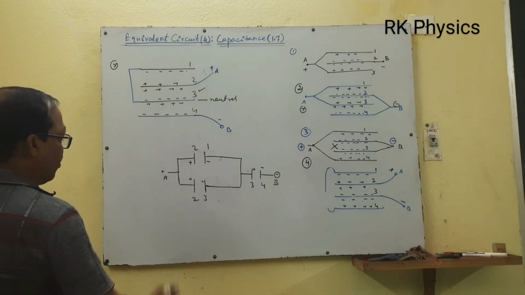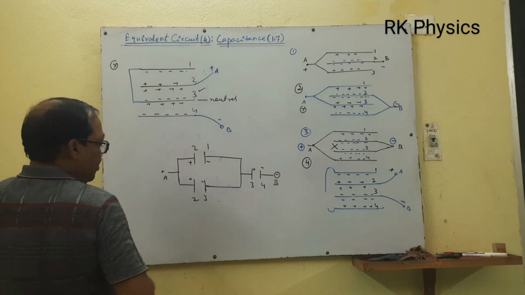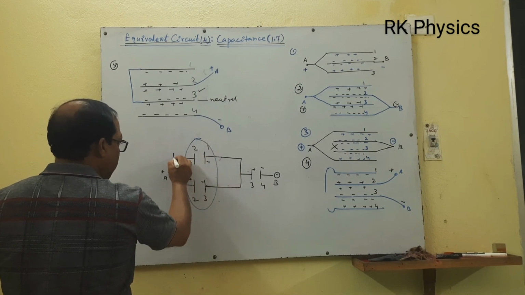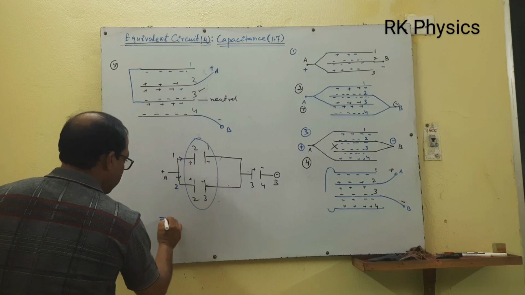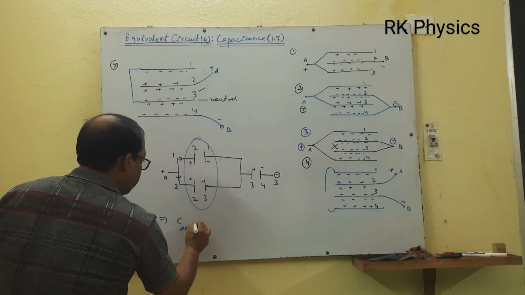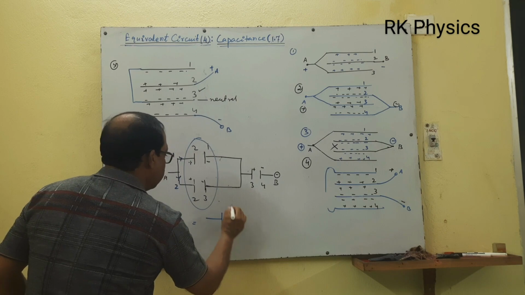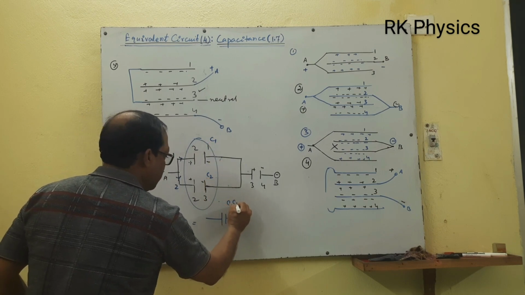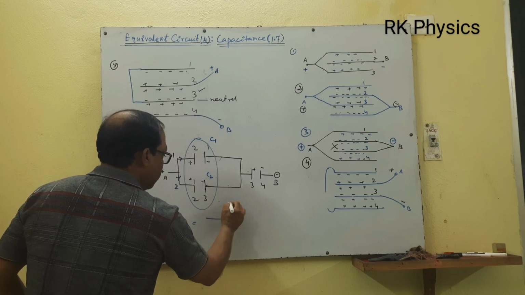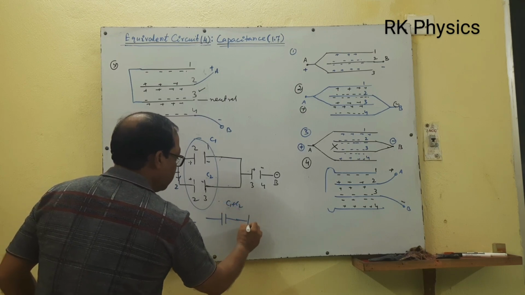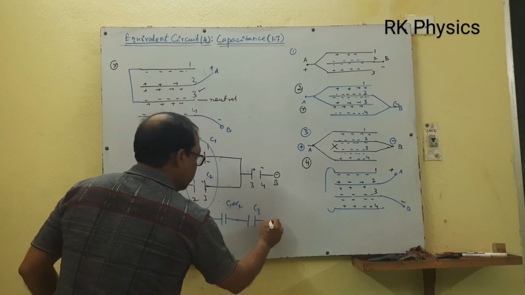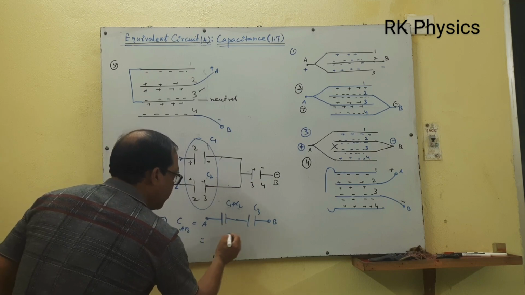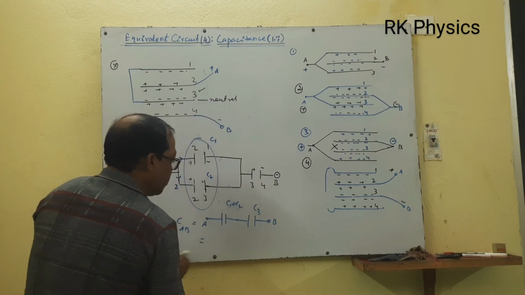Okay, so now here these two are first path 1, path 2. So you take CAB, that equal to this is C1, this is C2, so C1 plus C2, then this is C3, this is point B, this is point A. So this grouping is series.